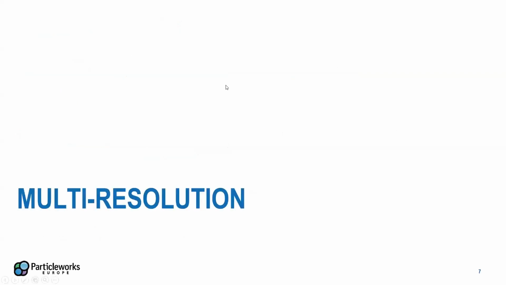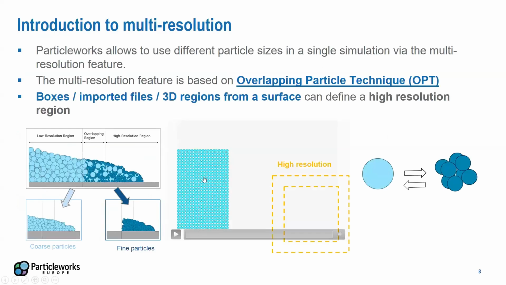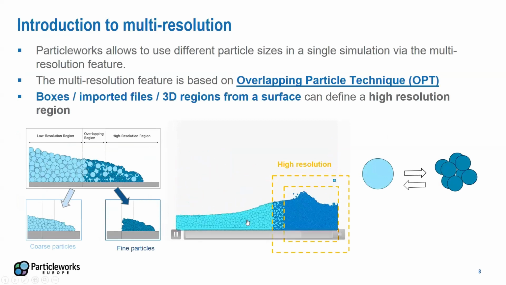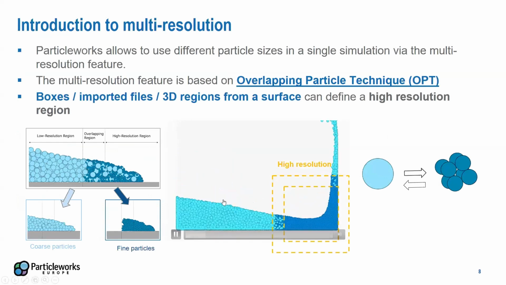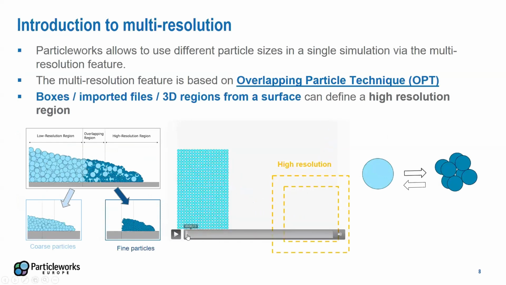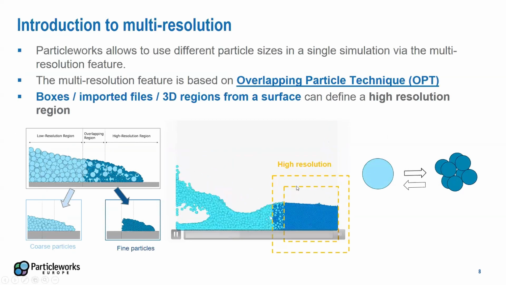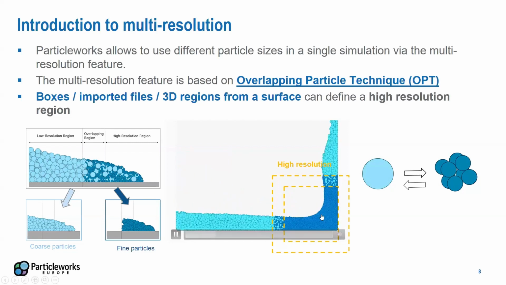advanced topics. One of the most important features of the latest release is the possibility to have a multi-resolution region. Basically, you can see here that the fluid is discretized by particles. At the beginning, it's only discretized there, but whenever it enters this box, the particle size, so the dynamic mesh on which we compute the Navier-Stokes equation, is reduced.